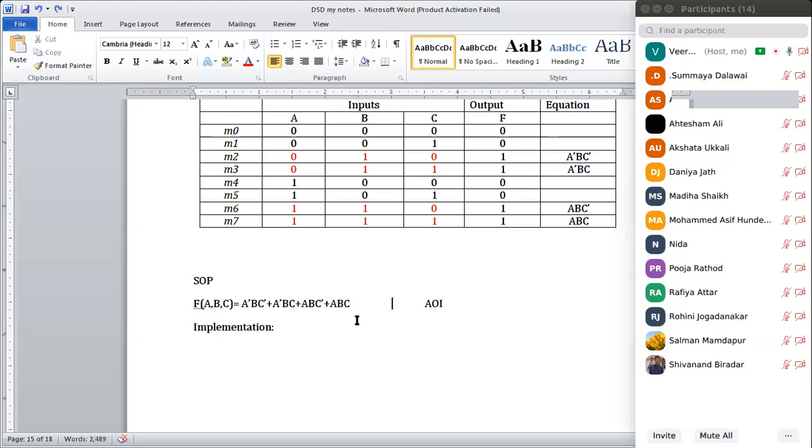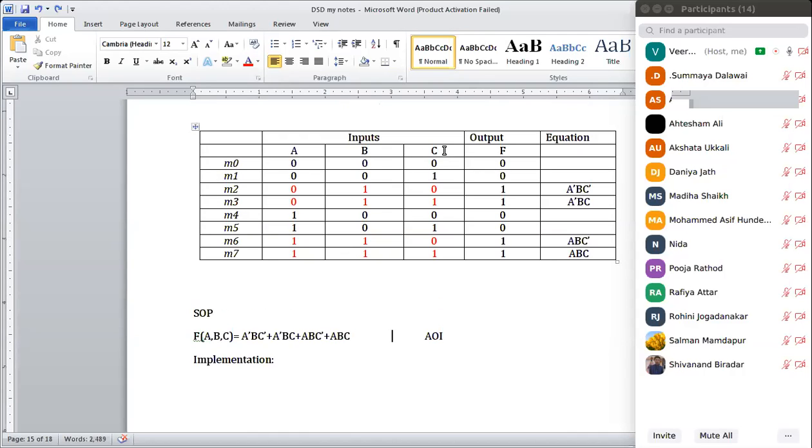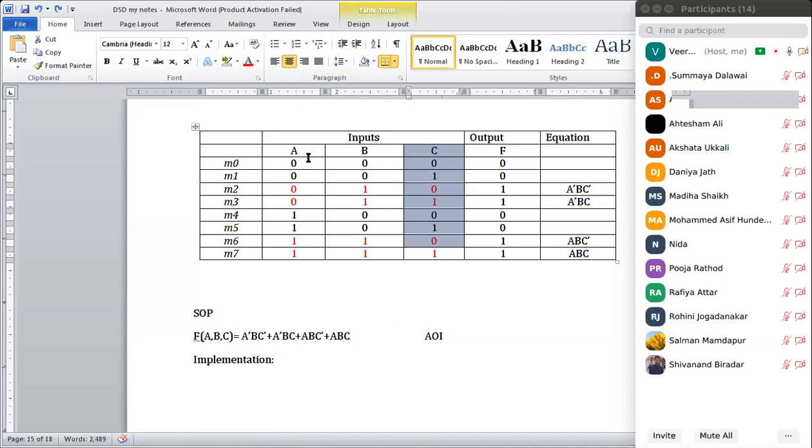If I have 4 variables, A, B, C, D, then the product terms are going to increase based upon the input, as the function changes.